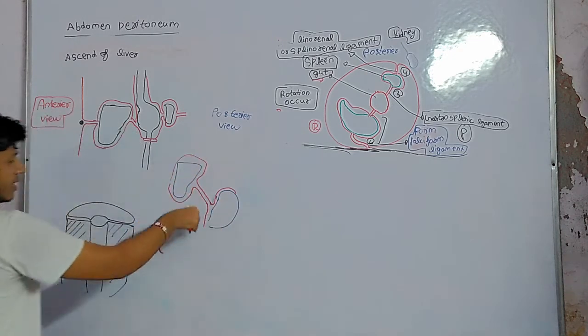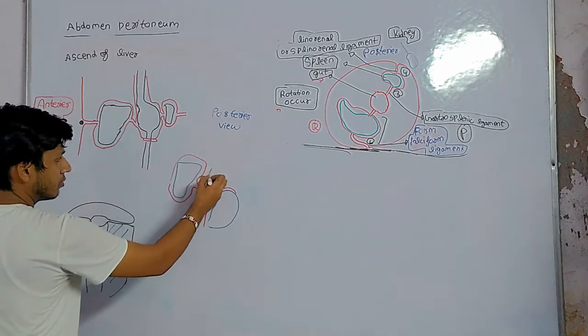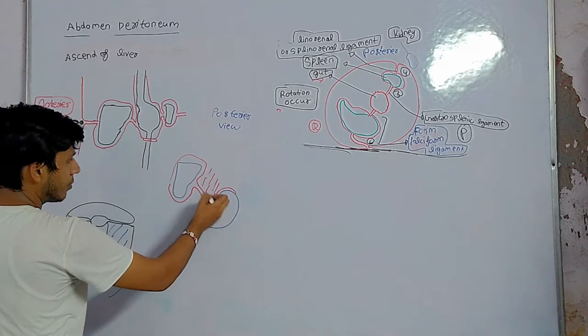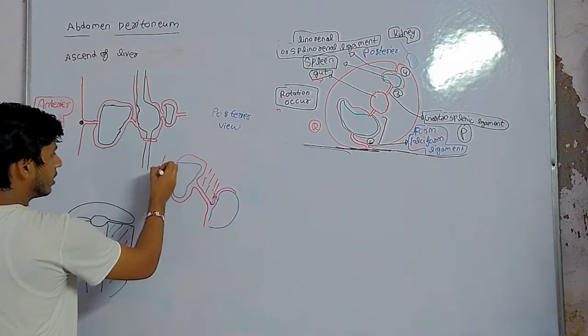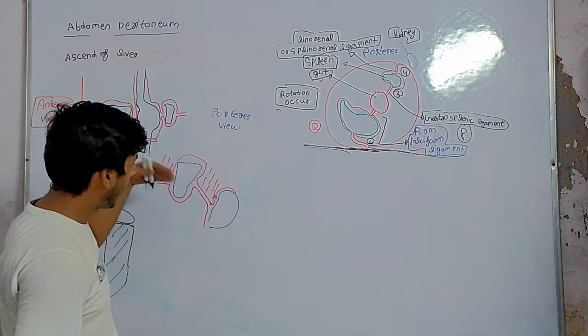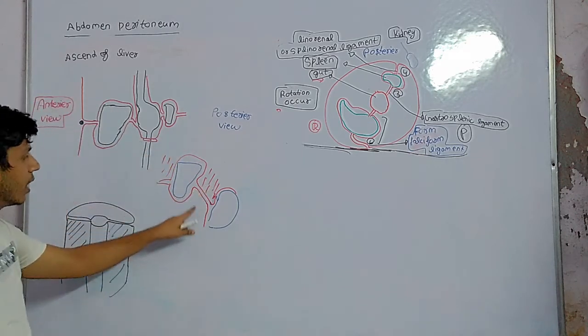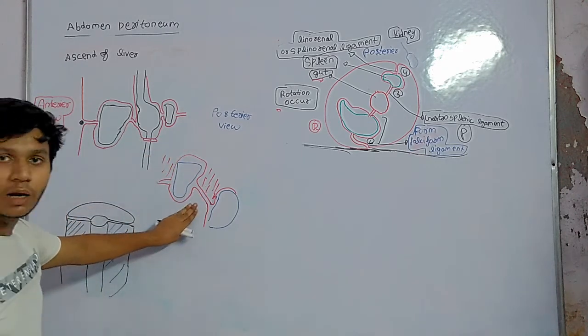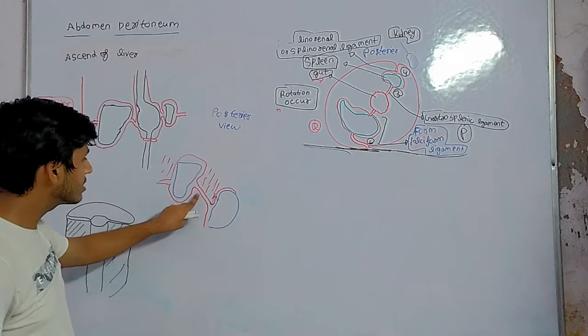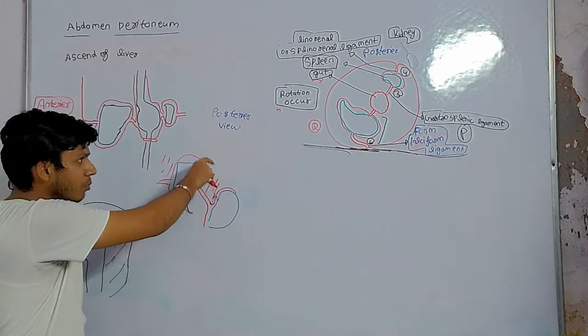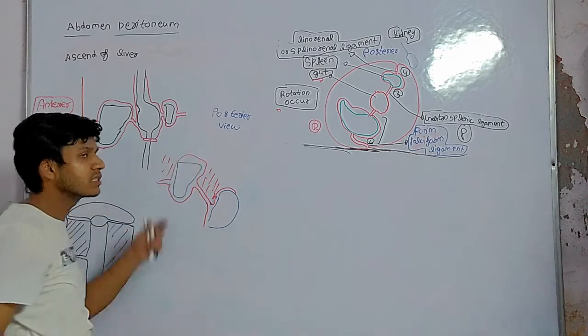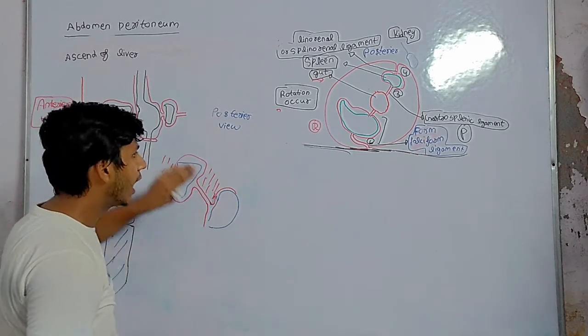So it ascends like this. Here is ventral mesogastrium part, and above this also there is ventral mesogastrium part, curtain-like, anterior and posterior. So this is a double layer, but there is no ventral mesogastrium below the umbilicus. And this ligament is a septum, a curtain formed between liver and stomach.